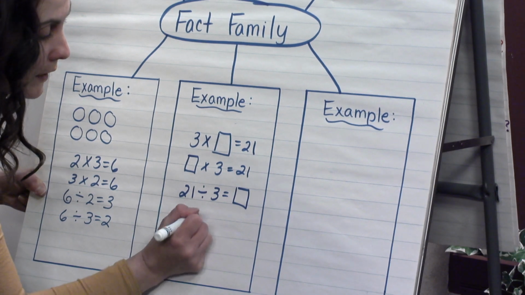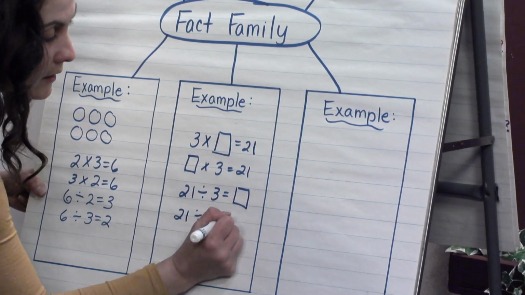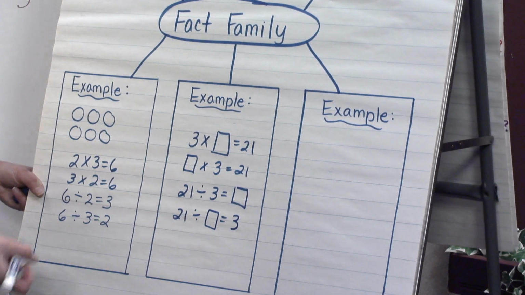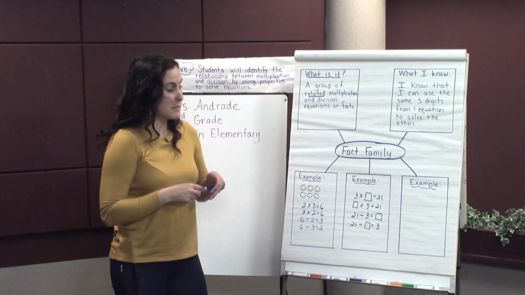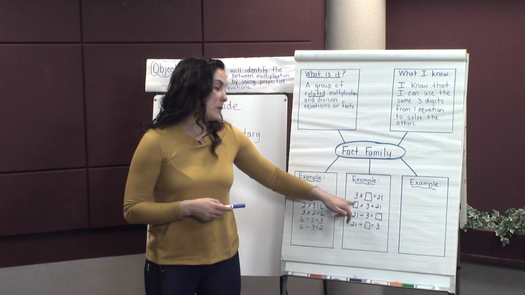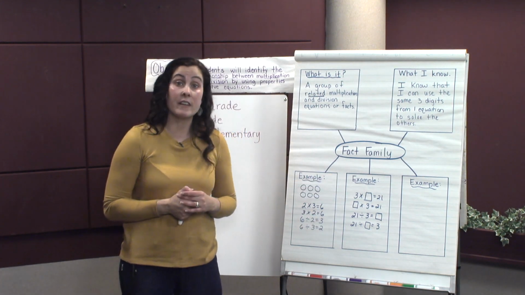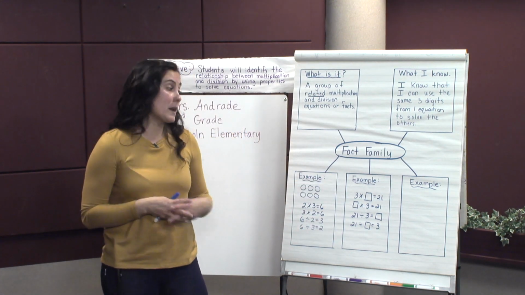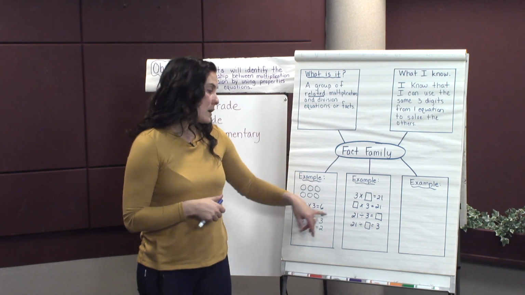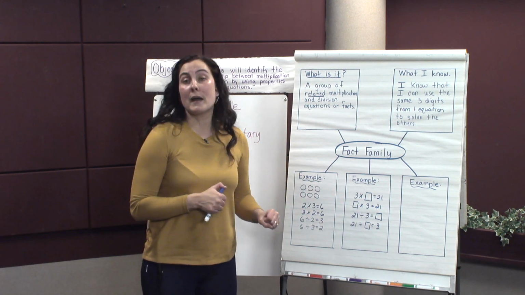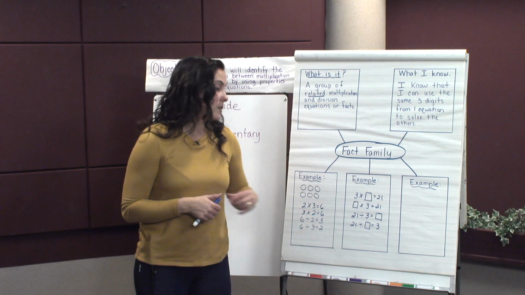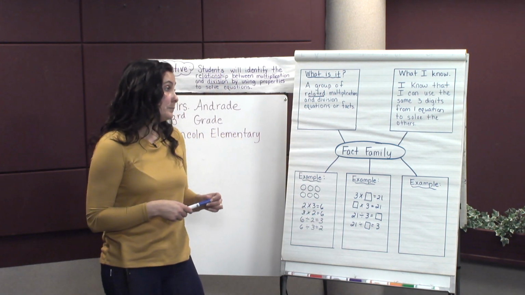And then 21 divided by blank equals 3. This would be an example of missing numbers. Whatever number goes in that box would be the same, which in this case would be a 7. 3 times 7 is 21. 7 times 3 is 21. 21 divided by 3 is 7, and 21 divided by 7 equals 3.